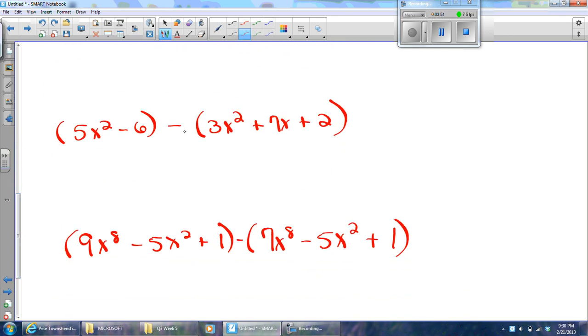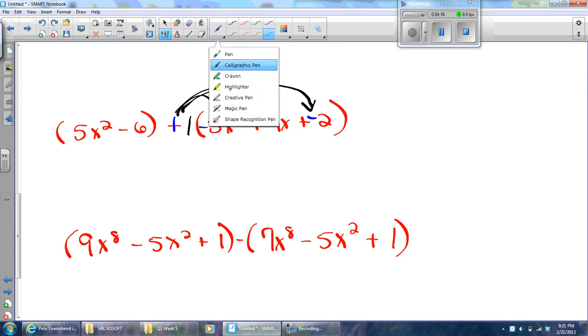Here I've got the quantity of 5x squared minus 6 minus the quantity of 3x squared plus 7x plus 2. And remember, there's a 1 here, which means I have to distribute the negative to all three terms. So I change that sign, change sign, change sign.